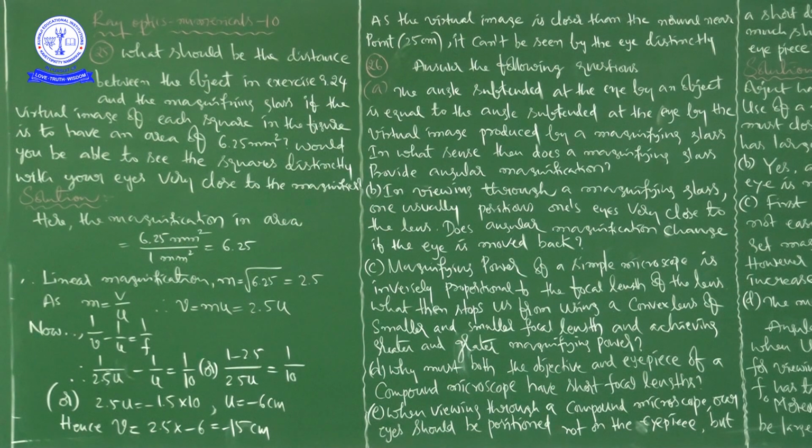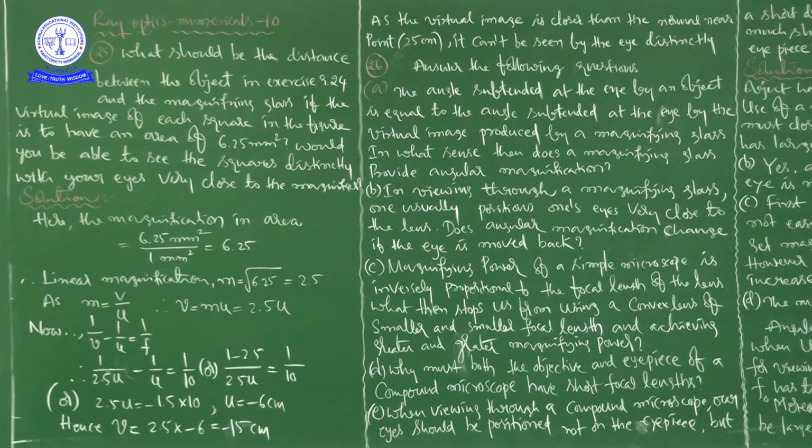Okay, right. Now, we completed the 25th problem. Here we found two things. One is the distance between the object and the magnifying glass, to get the magnification of the 6.25 mm square. After that we cross checked that it is not possible to see distinctly in this case, but it is possible in the other case. Here he is asking, would you be able to see?